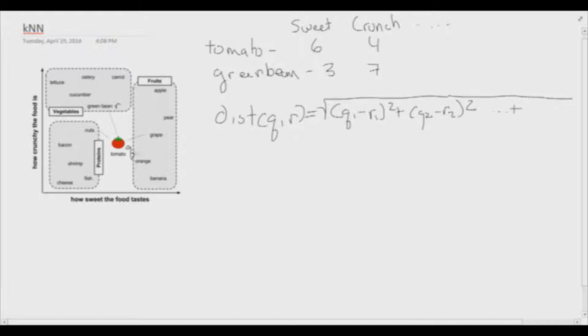So say this went on and there was n-dimensional features, qn minus rn squared. Alright, so we have two features here. How about we calculate what the distance is? So the distance of a tomato to a green bean.